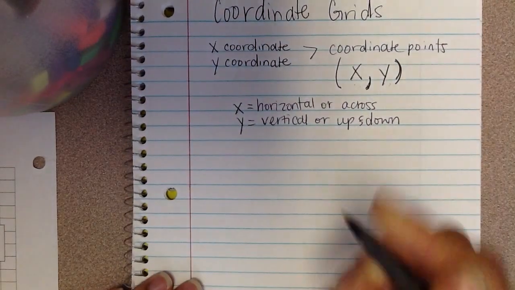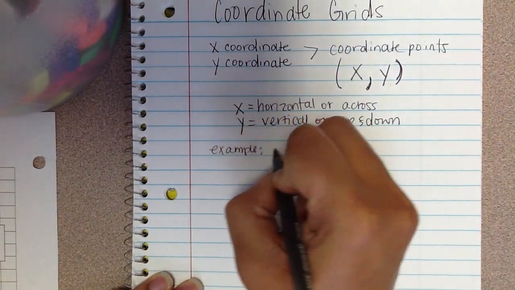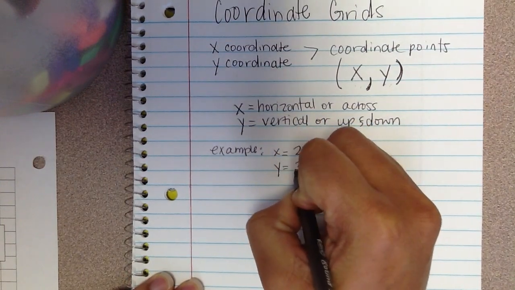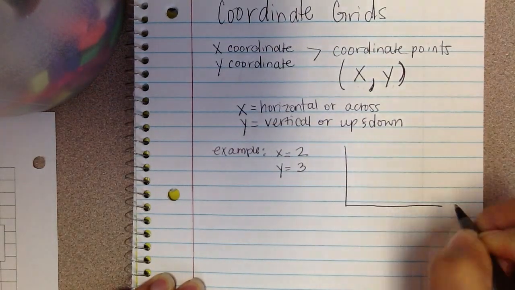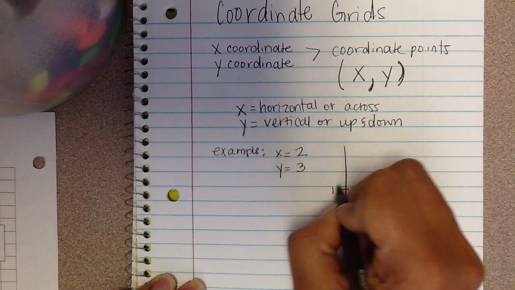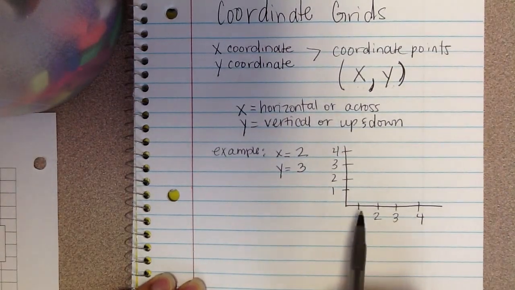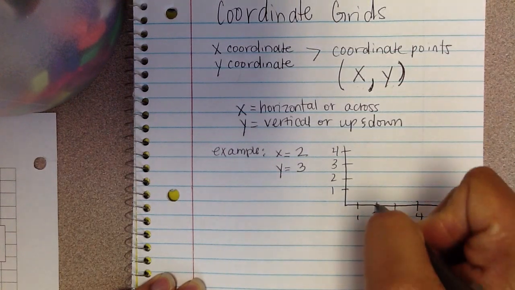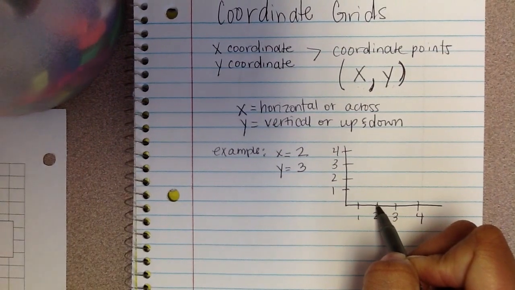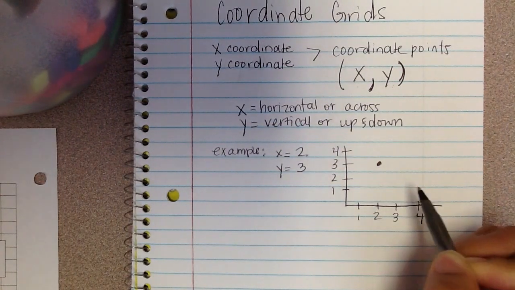So to give you an example, if I have the X value of 2 and I have the Y value of 3, and I have my coordinate grid here, I have 1, 2, 3, 4, 1, 2, 3, 4. I would go over 2 because that's my X coordinate. I wouldn't make a point there. And then I would go up 3, and I would make a point right there at over 2, up 3.